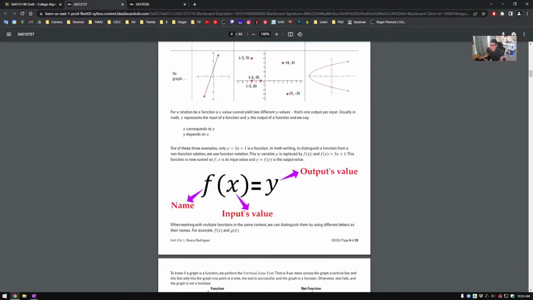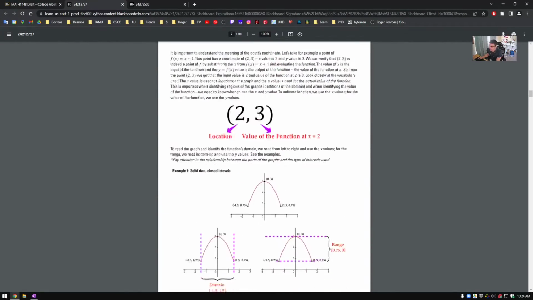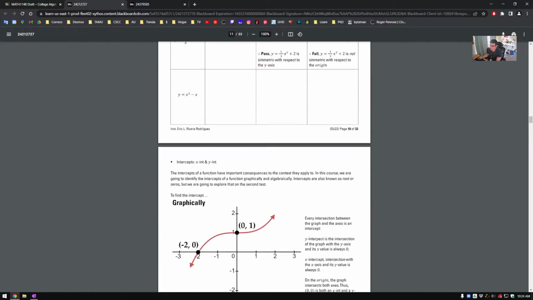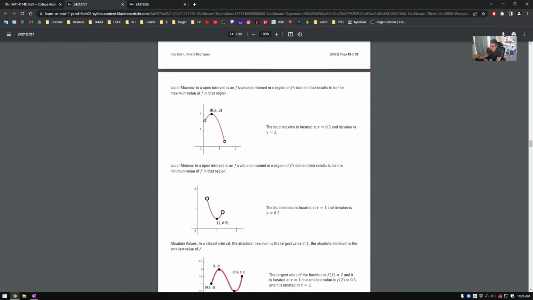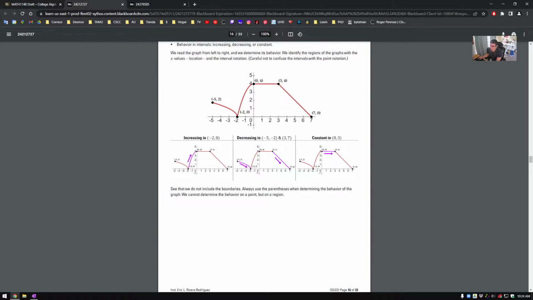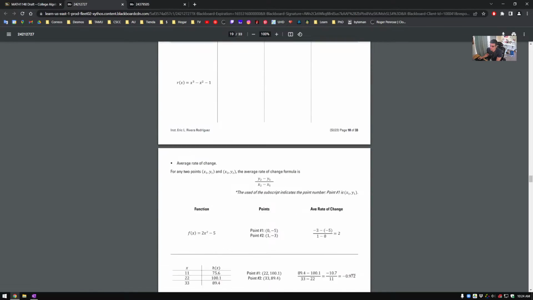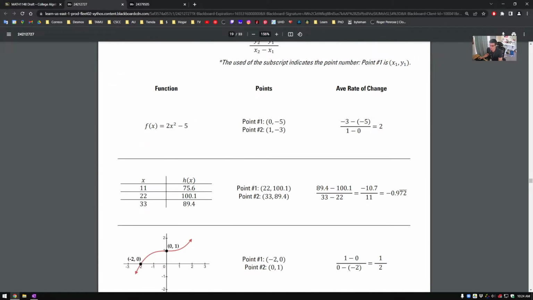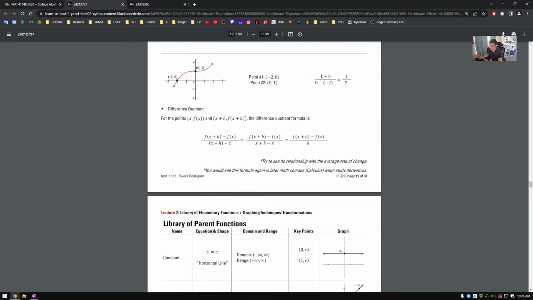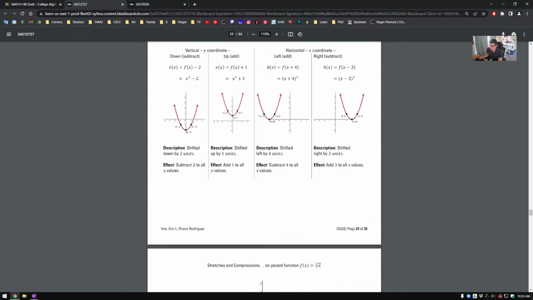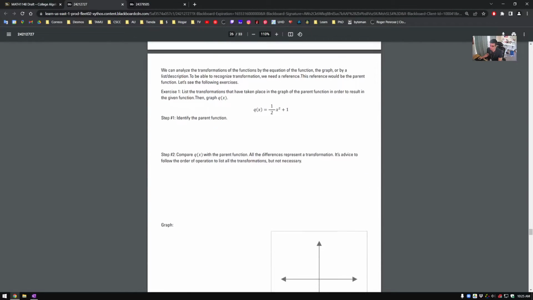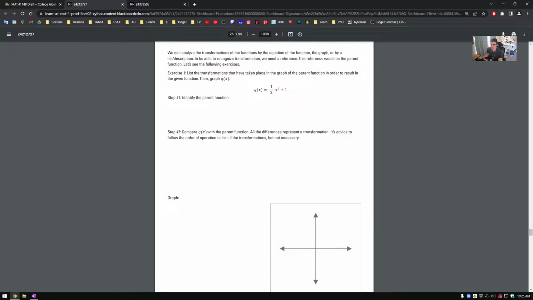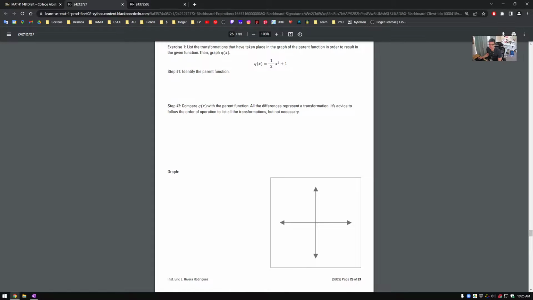Let me go through an example that I did on the draft. We have discussed these examples, exercise number 1, 2, and 3.